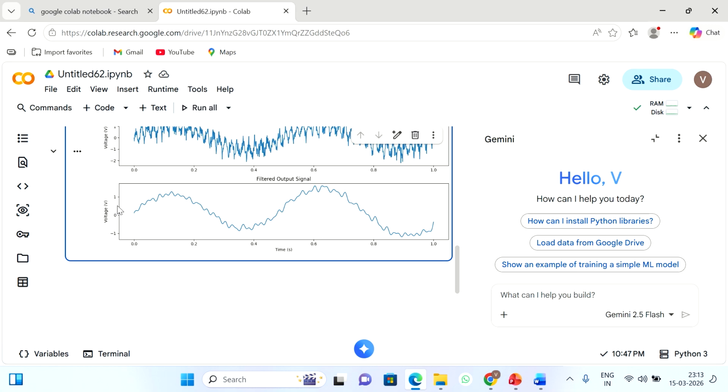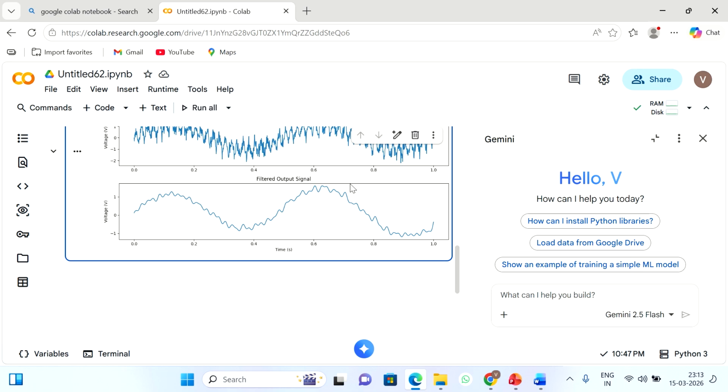So what does the full code do? This program simulates a biopotential signal processing system, and it creates a small ECG-like signal. It adds random noise and 50 Hz power line interference before being applied to the processing. Then it is amplified.